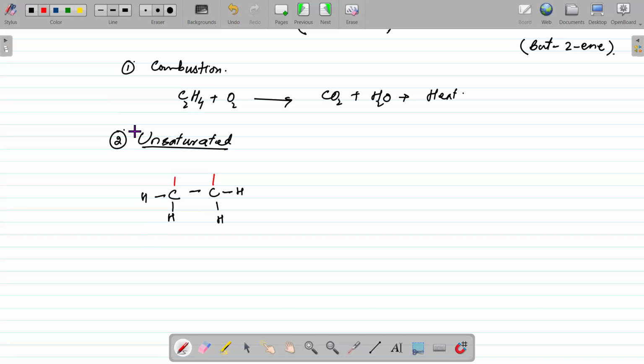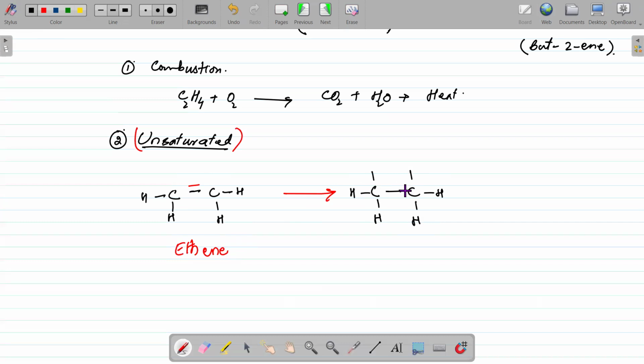So it means unsaturation means a vacancy can be created on them by breaking one of the bond. Clear? So as I created a vacancy on each carbon atom after breaking one of the bond. So look at this. If I have this ethene molecule, I am naming it as eth and ene. So one of the bond is broken down, so I will get this compound with one vacancy free.